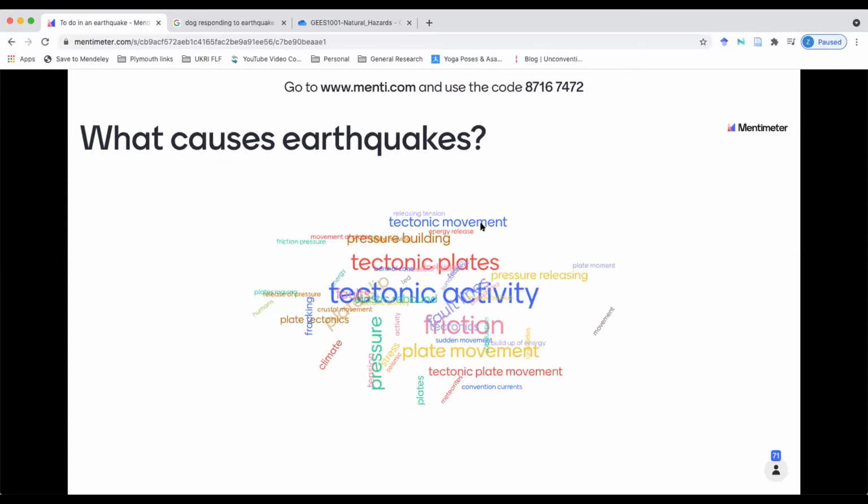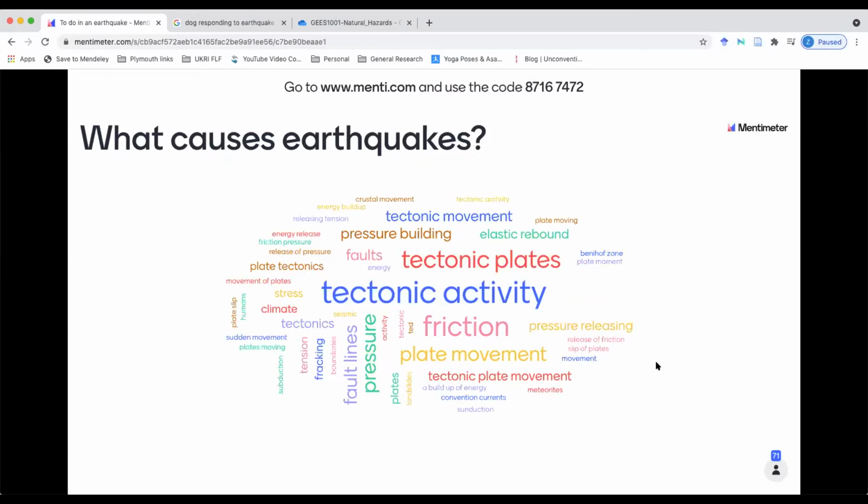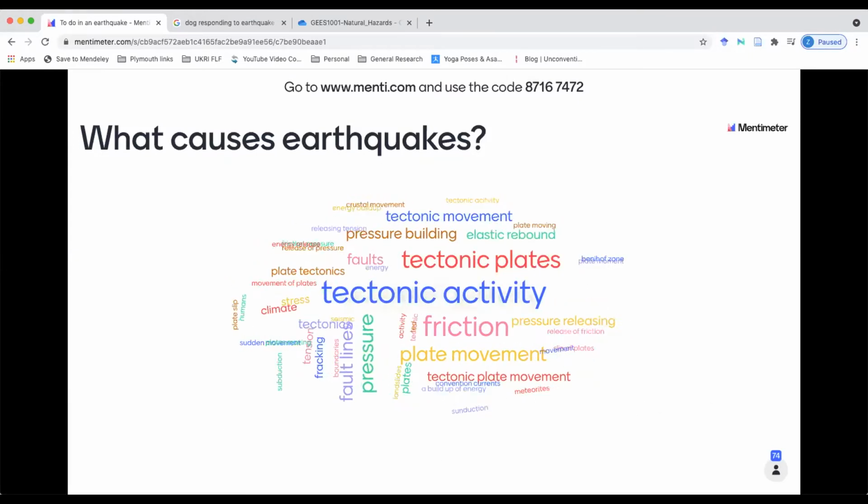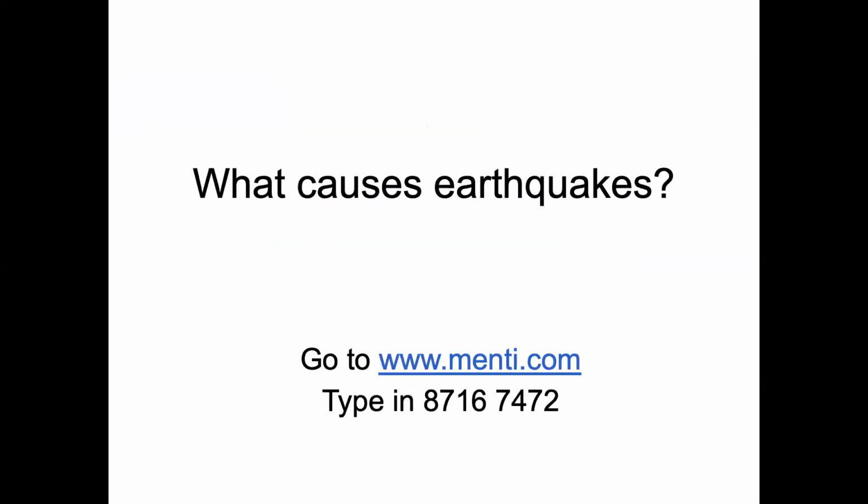So I'm going to go back to my PowerPoint presentation, because clearly we've all got quite a good idea of what actually causes earthquakes in terms of the geology. But this isn't always the case. If we were to go back to ancient Japan and ask what causes earthquakes, they believed that earthquakes were caused by a giant catfish called Onamazu, who lived underneath Japan.